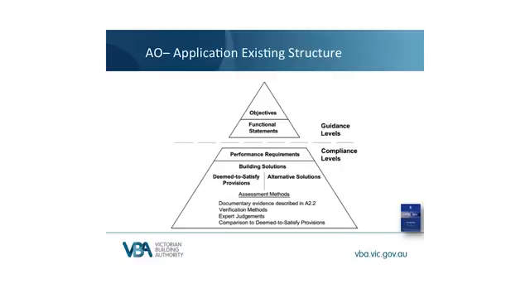The performance requirements are the only mandatory requirements in the NCC, not the objectives, functional statements or deemed to satisfy provisions. So you have a choice to satisfy the performance requirements: either go down the path of a performance solution or a deemed to satisfy solution, or a combination of both.